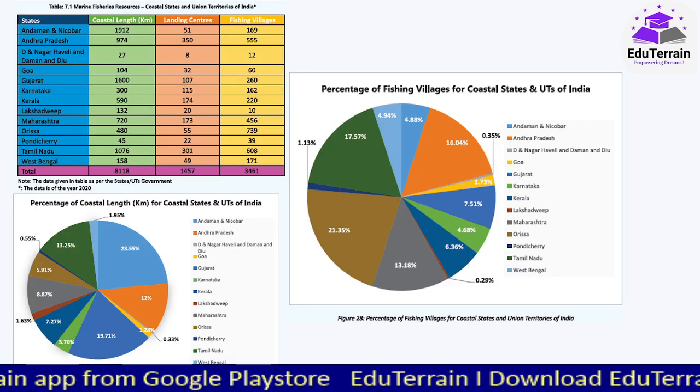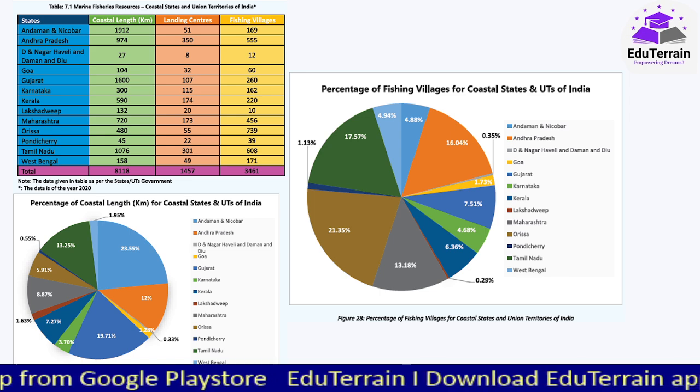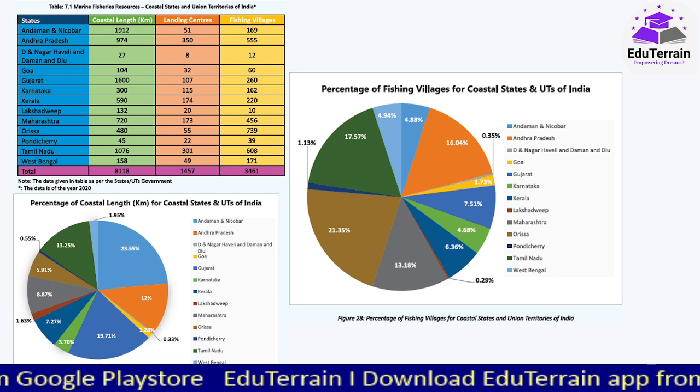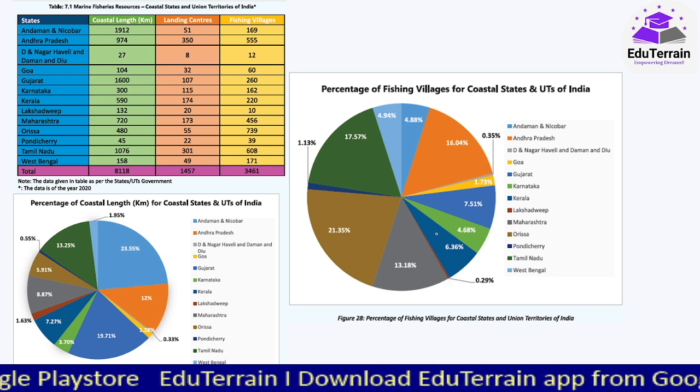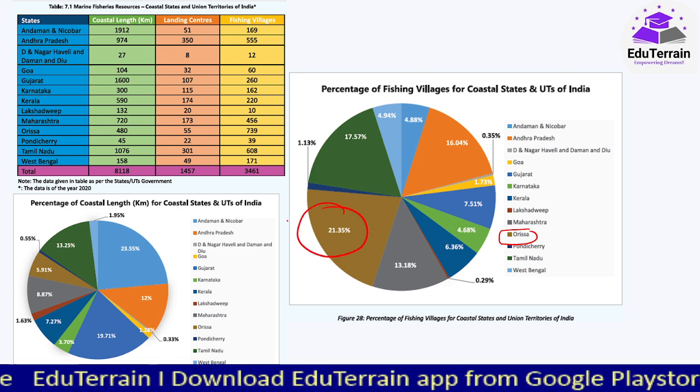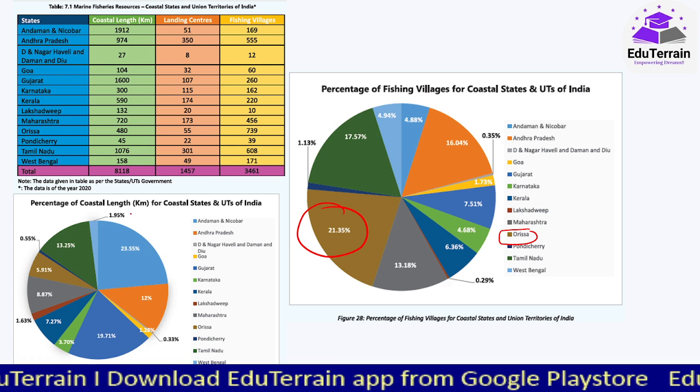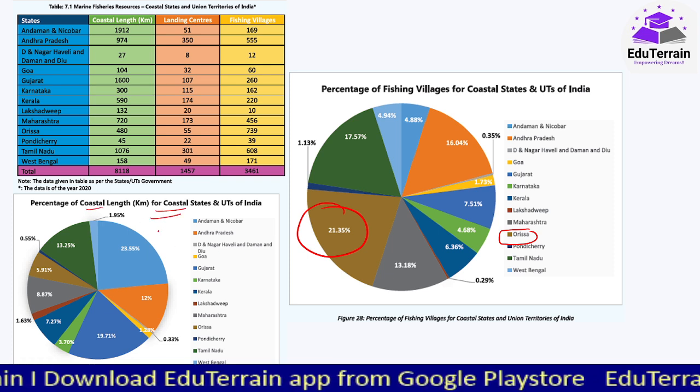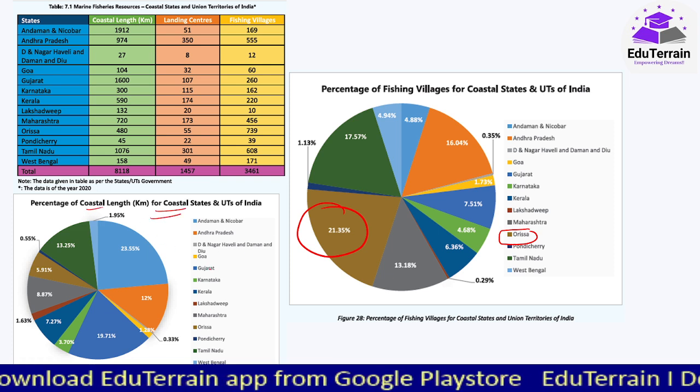Okay, and the percentage of fishing villages for coastal states and union territories in India, if you look at it, Odisha has the highest percentage of fishing villages, and the percentage of coastal length for coastal areas, which has that, Gujarat has the highest.